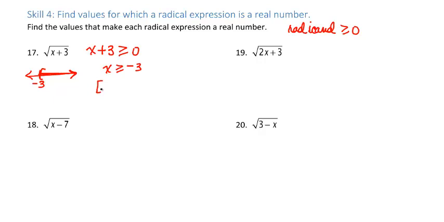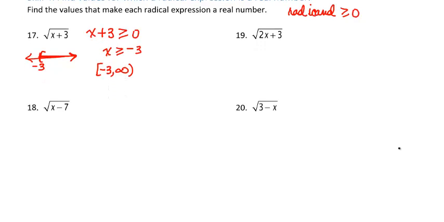So as an interval, that is from negative 3 to infinity. The square root of x minus 7, we set x minus 7 to be greater than or equal to 0. So that gives us x is greater than or equal to 7. And as an interval, that would be from 7 to infinity.